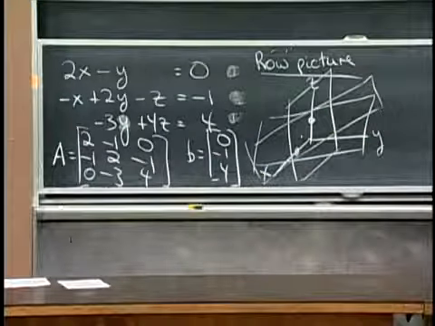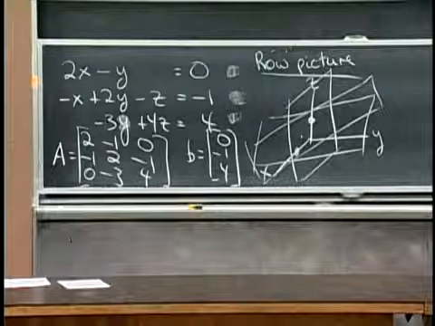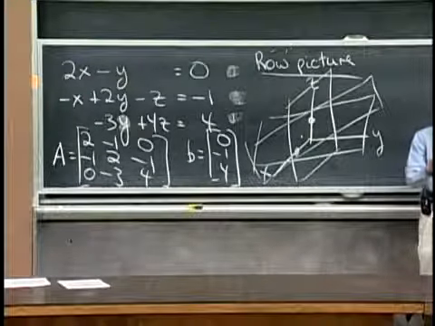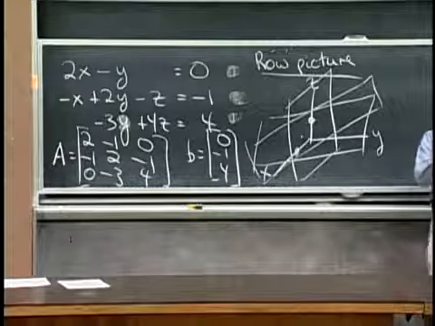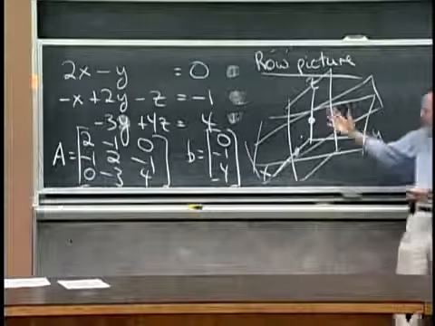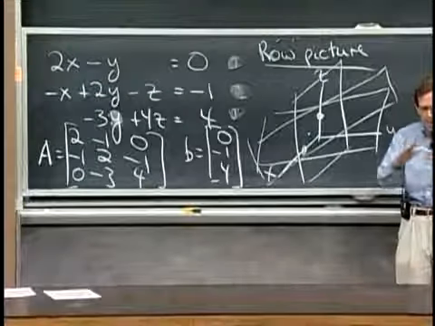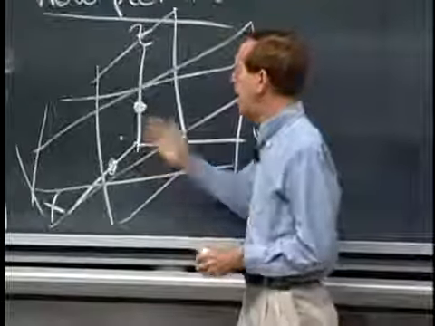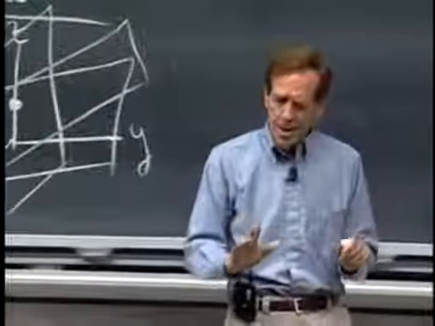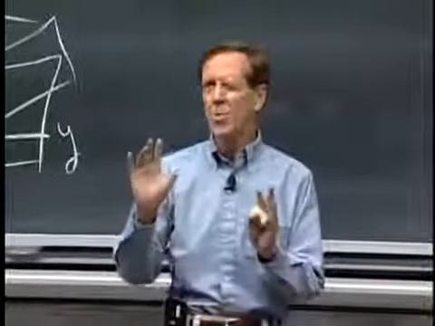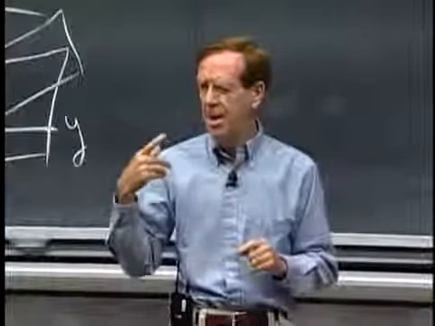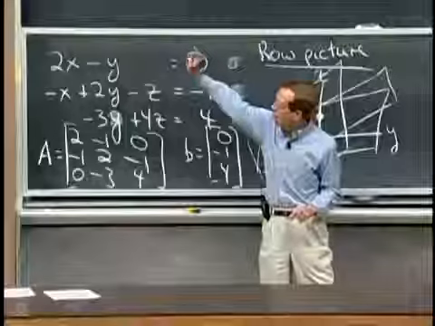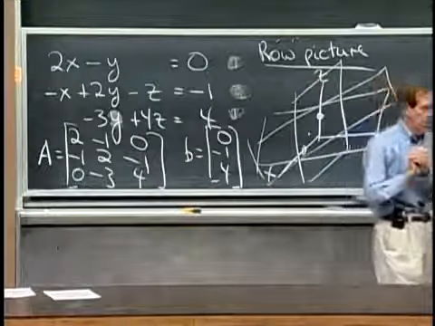Now, I don't know where that point is, frankly, but linear algebra will find it. The main point is that the 3 planes, because they're not parallel, they're not special, do meet in one point, and that's the solution. But maybe you can see that this row picture is getting a little hard to see. The row picture was a cinch when we looked at two lines meeting.